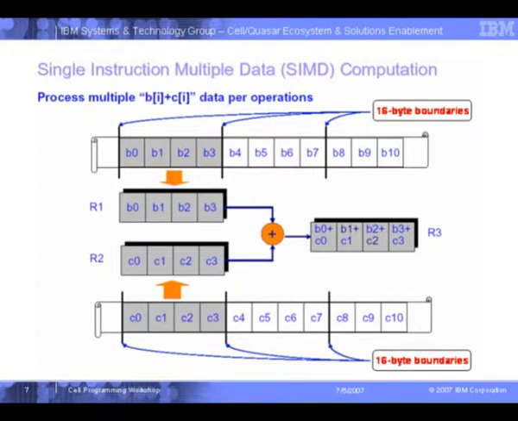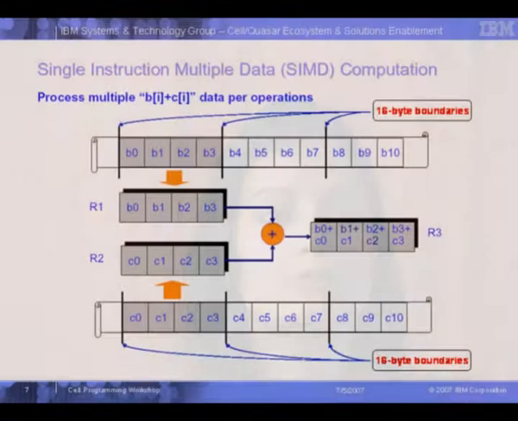So let's pick up one vector, B0 through B3. It is storing 4-byte wide values. Register R1 has B0 through B3, and R2 has C0 through C3. Now this is one vector, and this is the second vector. We do an add, and they're always aligned. In other words, if you want to do a B0 plus C2 by adding R1 plus R2, you won't get the result in the correct location.